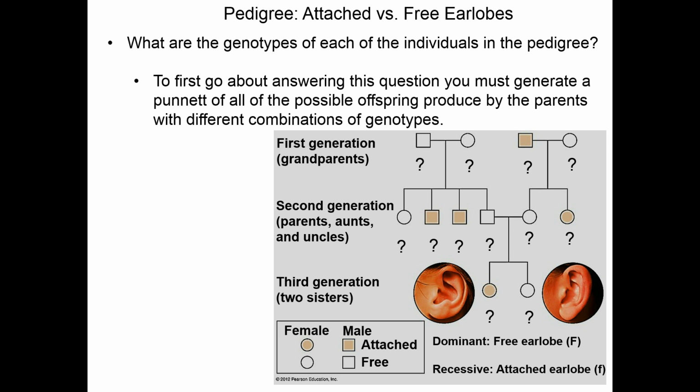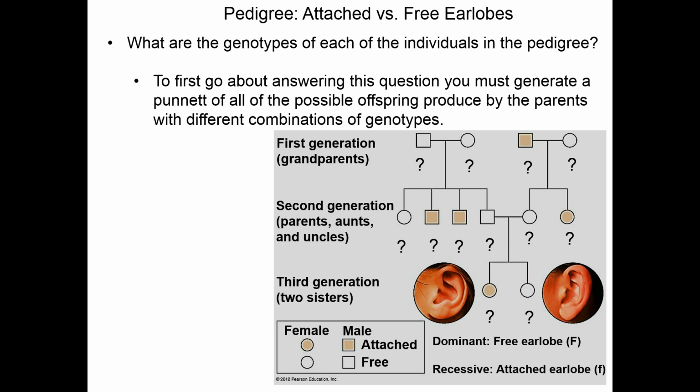This can give you an idea, based on the crosses, of the genotypes of the parents. You're going to have to know about their offspring.